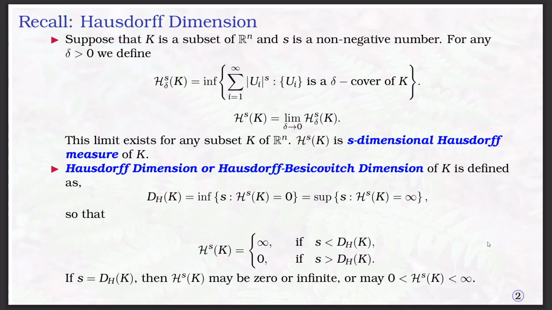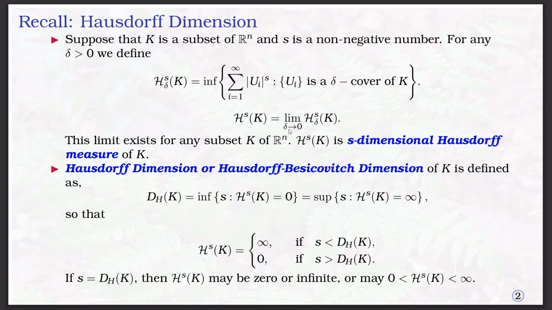So, let me recall what the Hausdorff dimension is. For any set K in R power n, for S a non-negative number, for any delta greater than 0, the S dimensional Hausdorff measure is defined like this.